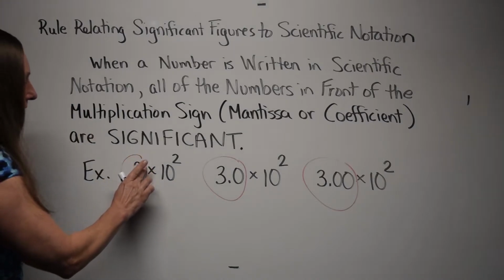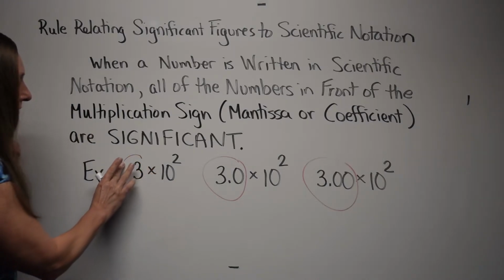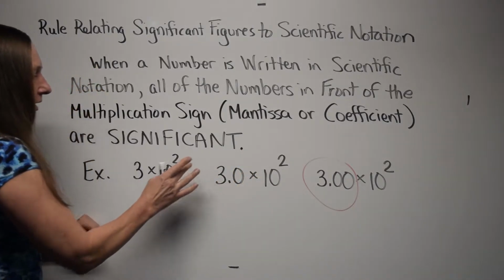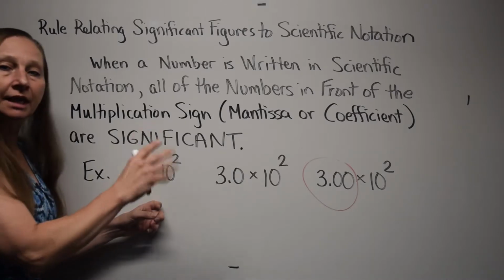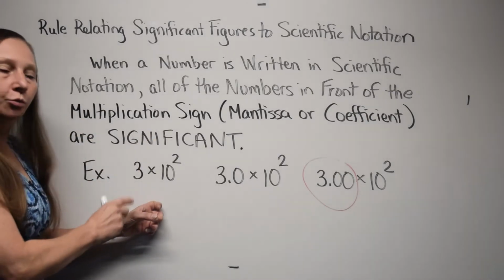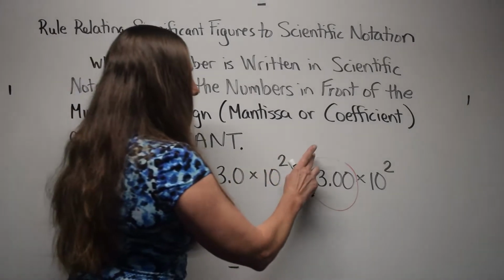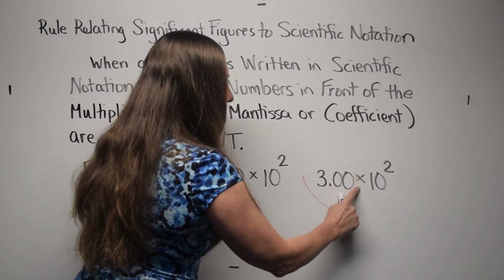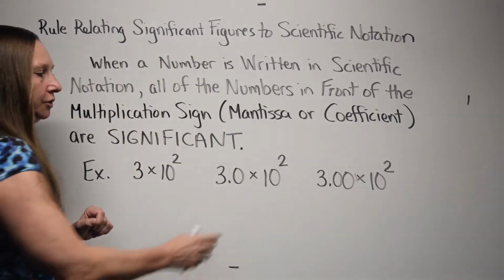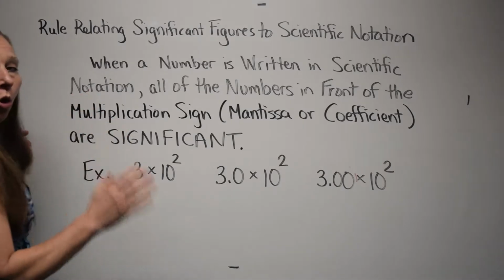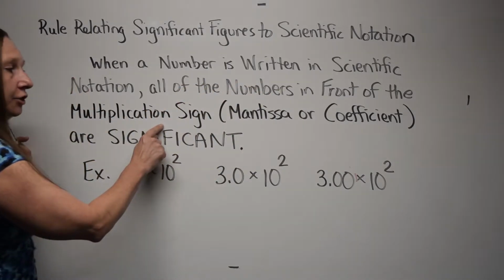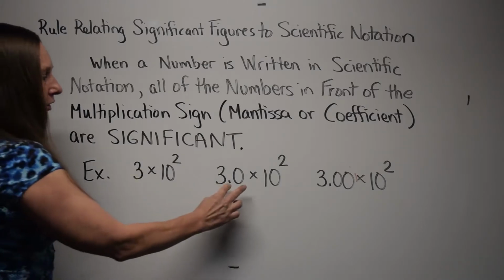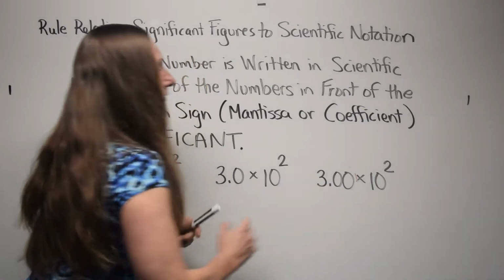So what we have here is the number 300 shown three different ways: 3 times 10 to the second power, 300 with one significant figure; 300 with two significant figures, 1, 2; and 300 with three significant figures, 1, 2, 3. All of the numbers in front of the multiplication sign are significant. One significant figure, two significant figures, three significant figures.